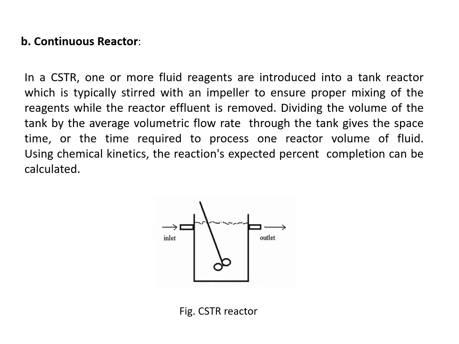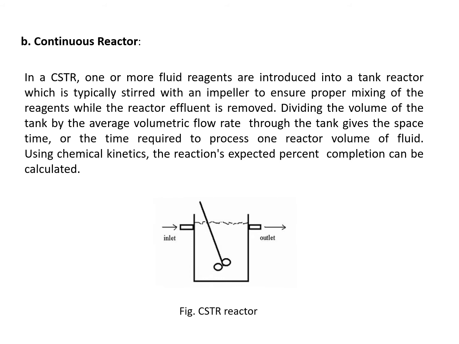Next, B is the continuous reactor. After the batch reactor, we'll discuss the CSTR. CSTR's full form is continuous stirred tank reactor. In this reactor, one or more fluid reagents are introduced into the reactor, which is typically stirred with an impeller to ensure proper mixing of the reagents. Here this figure shows the general basic diagram of the CSTR.